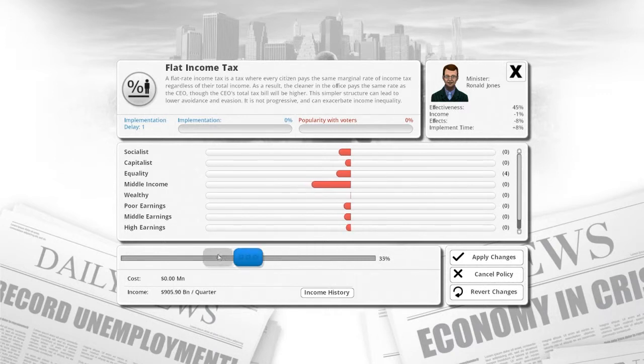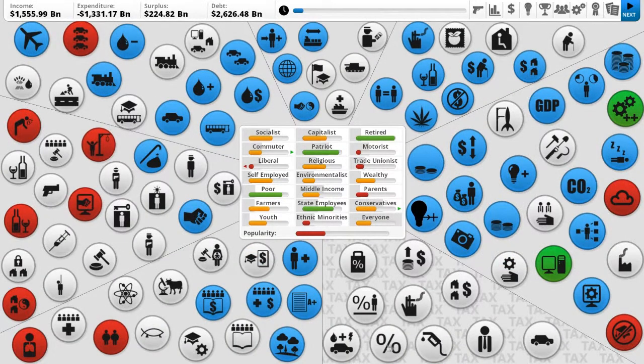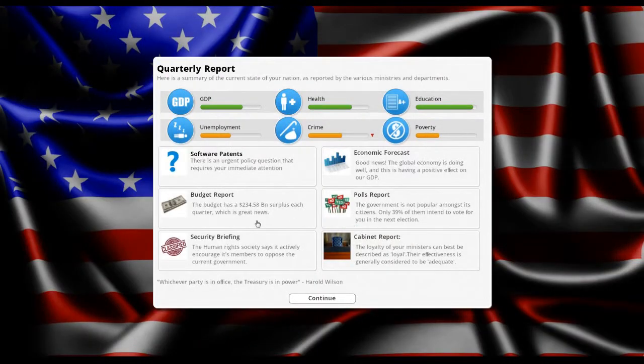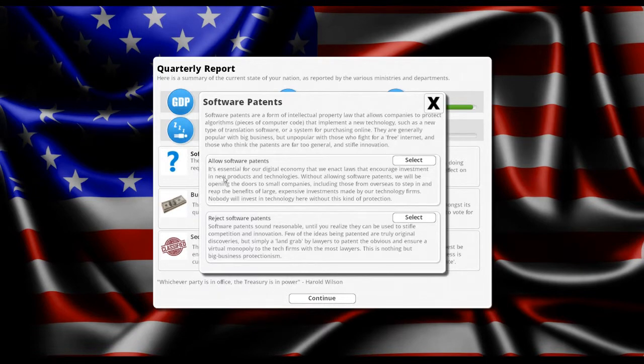About that. And then eliminate the progressive one. And we're still going to end up with a surplus. Still got a $234 billion surplus. I got 39% of the electorate so far. Crime's still going down. Let's see, software patents.